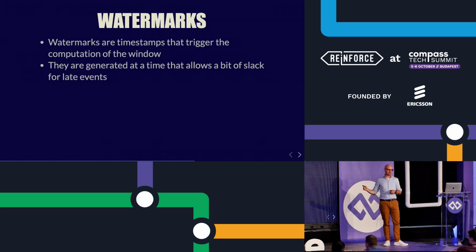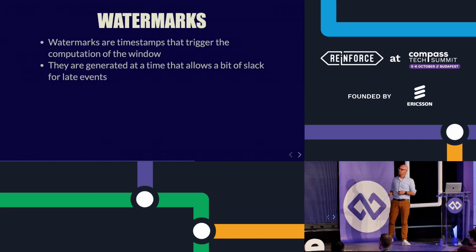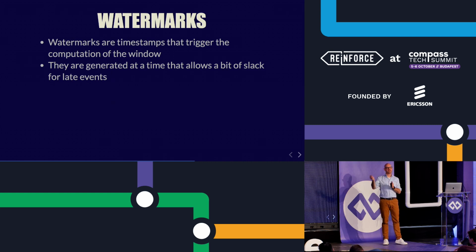A solution for this is watermarks. So if you come across this, you also know what this is. Watermarks are actually a timestamp that triggers the computation of the window. So with what I just said, maybe give it 1 second of slack, then your watermark is 1 second after an event arrives with a timestamp that should not have belonged to your previous window anymore. My window is from 1 o'clock to 2 o'clock. Then I get an event that is outside of that window, so probably in the next window I started.